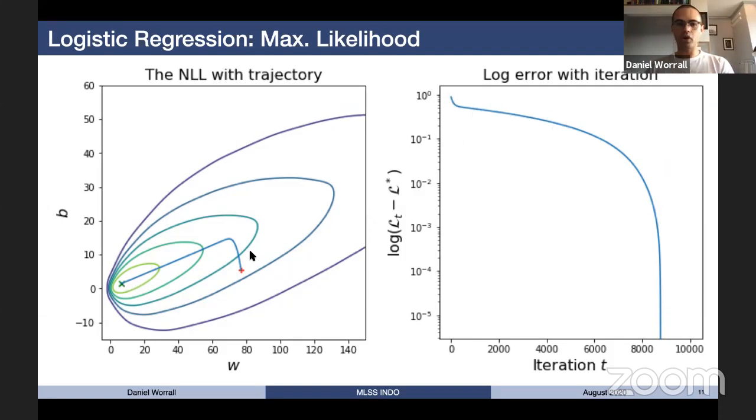And if you plot the log error with iteration, which is essentially just plotting the height with time along the bottom, we just follow this curve here. And this is a log plot. And this is the distance between our current height and what I know to be the real minimizer, which I pre-computed. So yeah, this is pretty good, actually.